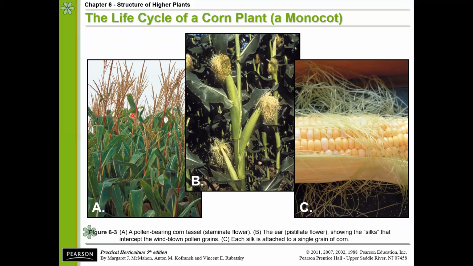So the male is at the top with the tassels. The female, each of those pistils or silks, is connected to an ovule, which then becomes a kernel of corn. So each one of those has to receive a grain of pollen from the tassels of the plant in order to make a full ear of corn. Pretty neat.